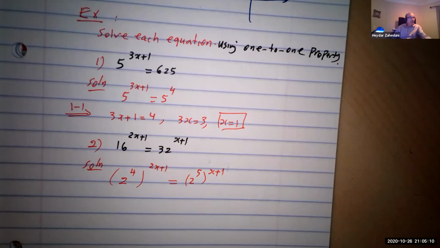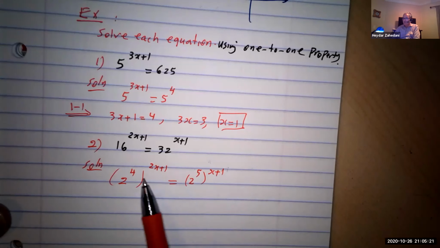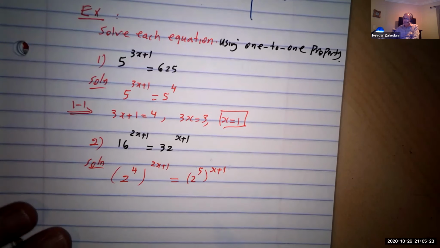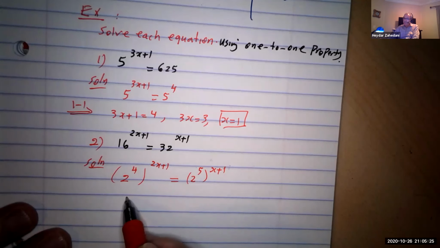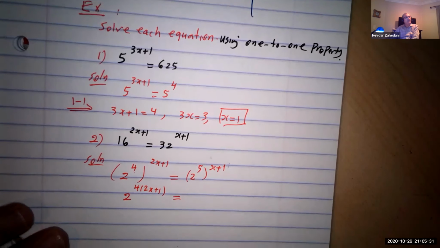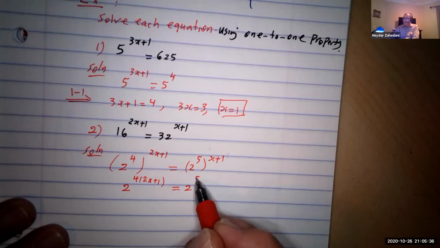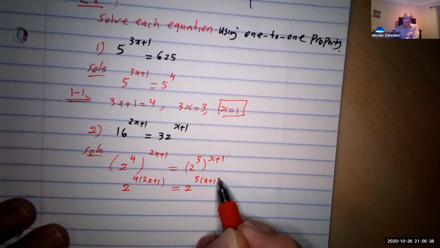Okay, so now we have the old power and the new power. So what we're going to do is multiply them together. That gives you 2 to the 4 times 2x plus 1, which is equal to 2 to the 5 times x plus 1.